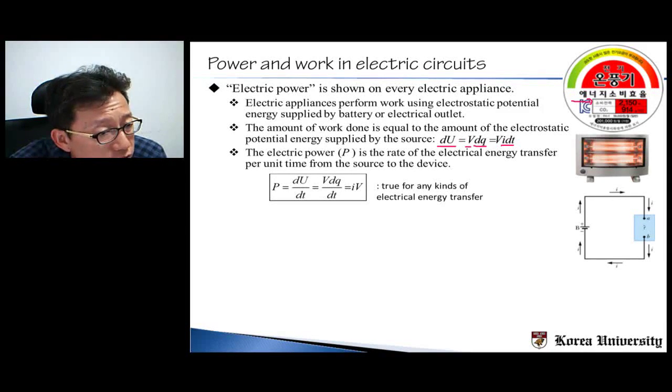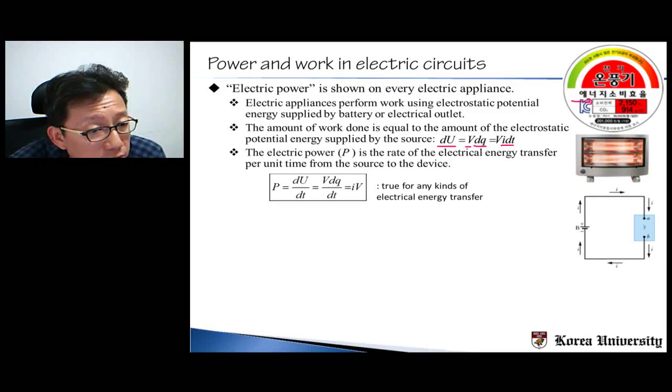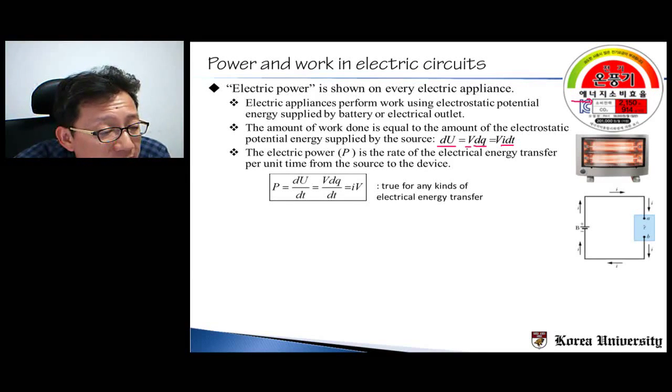Whenever we use the word rate, what we mean is the change of something per given time. So the electrical power, which is a rate of electrical energy transfer, we don't even have to say unit time, but explicitly we said unit time. And how do we calculate this?